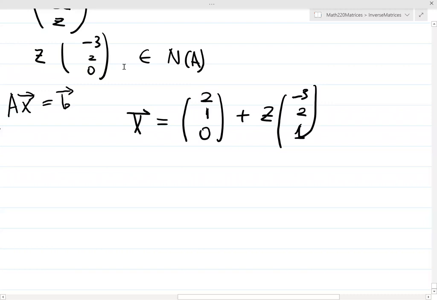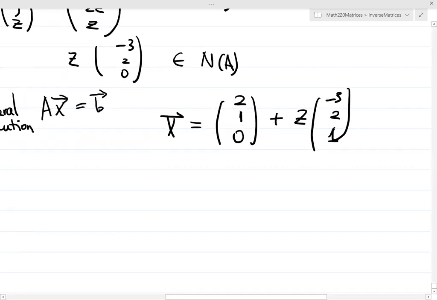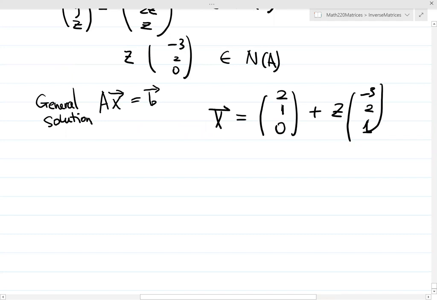For some special matrices, for instance matrices with full column rank, we can get information about the solution to this linear system. So we talk about the next case, matrices with full column rank.